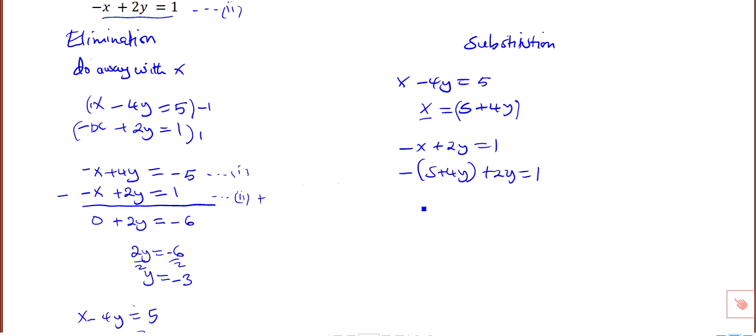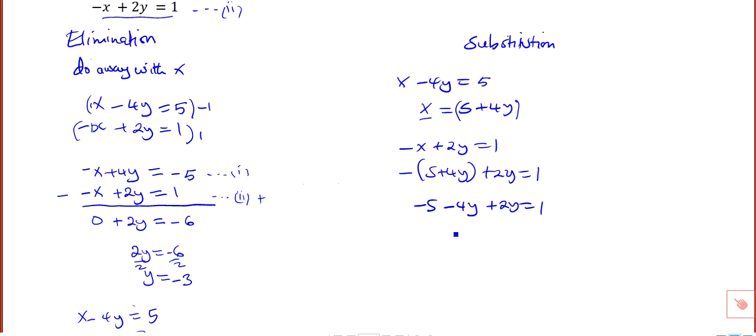I am opening the bracket, which means you multiply everything inside the bracket by what is outside the bracket. So we shall have negative 5 minus 4y plus 2y is equal to 1. Remember, a negative and a positive becomes a negative.